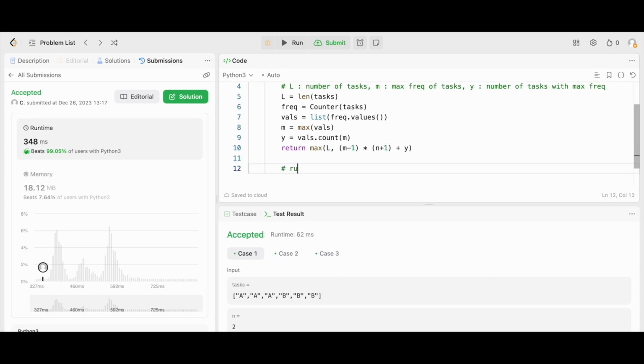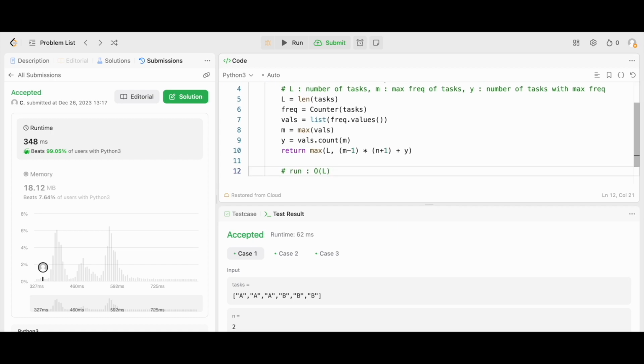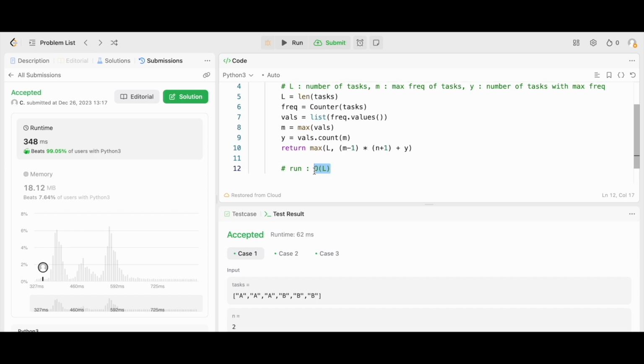So the runtime would be big O of L, because we are going through the whole list of all the tasks. Even to find the max and the frequency, everything takes O of L runtime, and again space is also the same, O of L, because we are saving all these tasks in a dictionary.